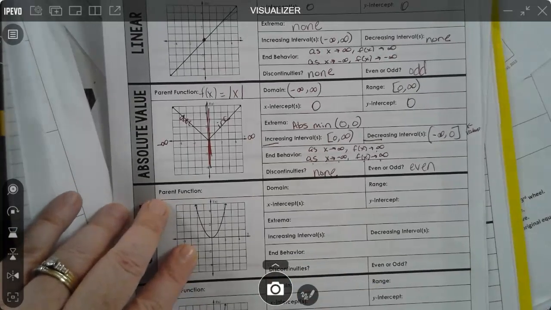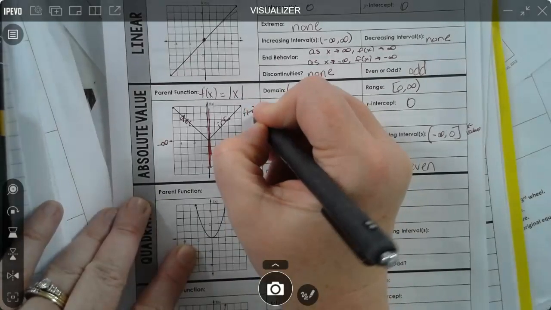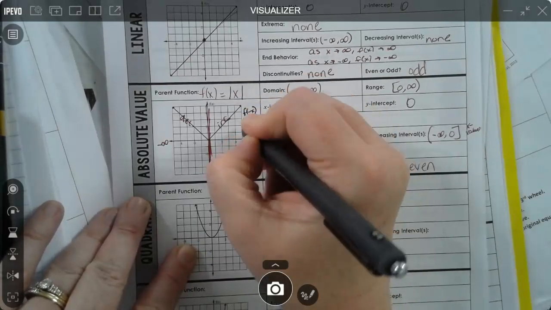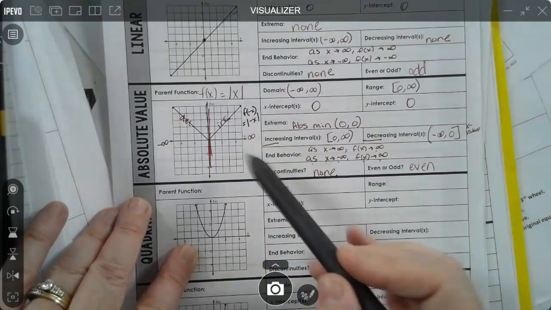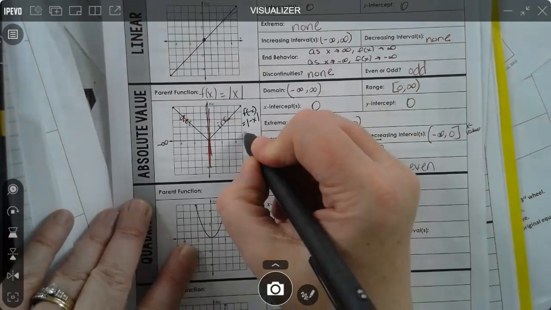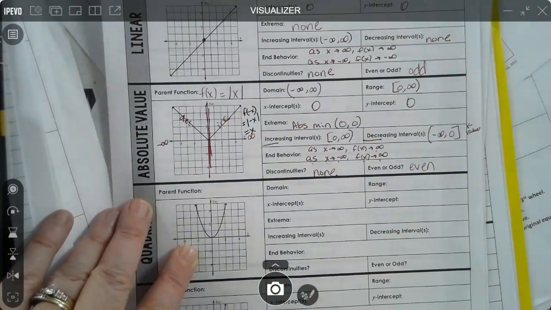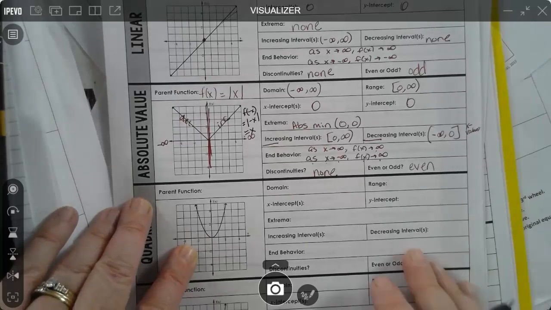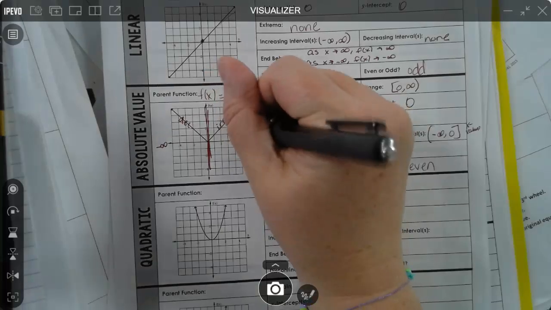In other words, if I come in here and I say, okay, what is f of negative x? Well, that would be negative x. And this absolute value, because there's nothing else in here but just the x, that becomes positive x. So it looks actually the same, which gives me the even. Like I could say this.